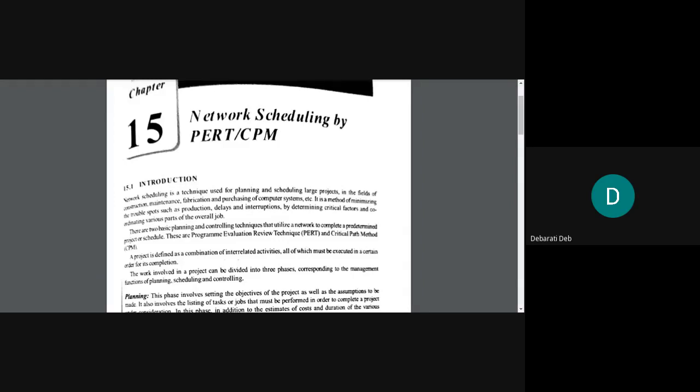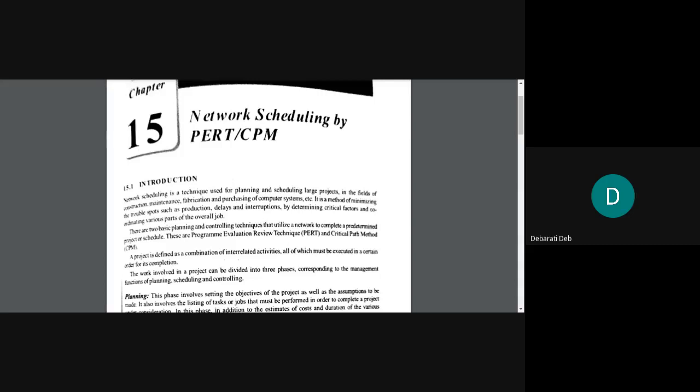You have to contact not only the software providers but also the hardware providers and everyone related to the installation of those systems, and then prepare a perfect plan, schedule all the resources, and then move on. So network scheduling should be taken by you as a technique used for the planning and scheduling of big projects.